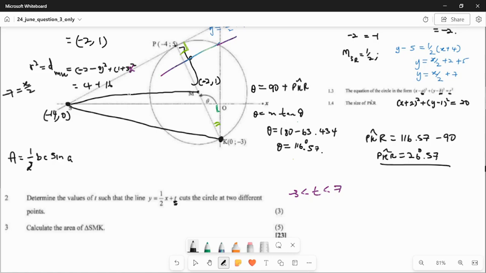So for example, let us name this side. Let us say that's our A, and that's our B, this line, and then this is our C. So to find the area of this triangle, we can use this formula, which is half BC, and then the sine of the angle between B and C, it's this angle PKS.